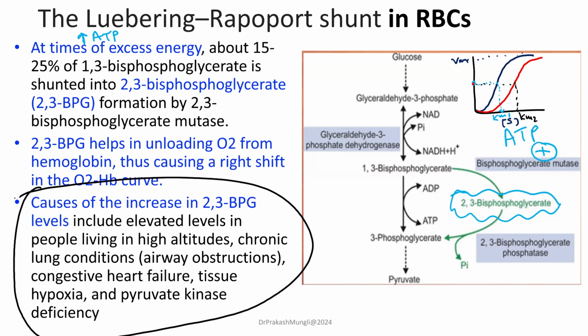We are going to discuss that. In that condition also, there is an increase in 2,3 BPG. So these are some of the conditions that you must remember to answer questions related to 2,3 BPG. Important. Okay, so that's about the Luebering-Rapoport shunt in red blood cells.